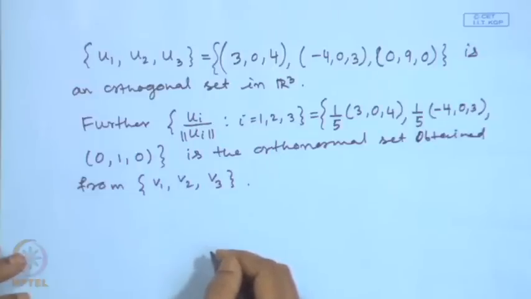Also, one can apply the Gram-Schmidt orthogonalization process to test the linear dependence or independence of vectors. Suppose a set of vectors v1 v2 to vn is given and it is not known whether they are linearly independent.